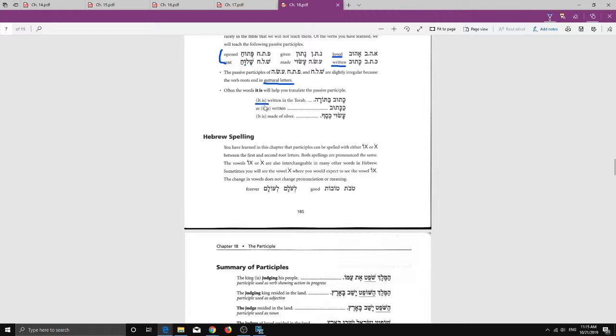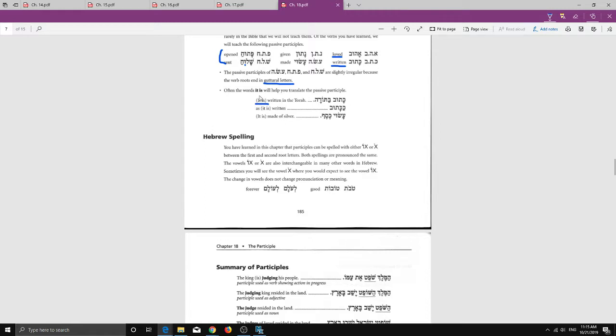The author also says that you might be able to translate "it is" in front of a passive participle, and that could help you deal with it in English. So we have katuv baTorah, it is written in the Torah, or kakatuv, as it is written, asuy kesef, it is made of silver. I think it is important for you to realize, though, that that is not literally what is happening here.